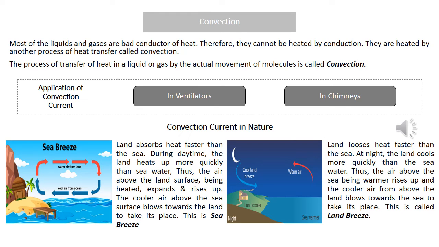From the land, pleasant wind is coming now, isn't it? And it will set up a convection current. Air is moving from the land towards the sea. That's how a convection current is set up. And you can see this convection current.